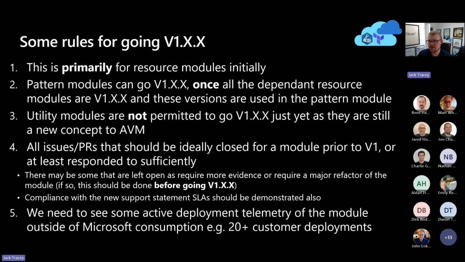We're very conscious that inside of Microsoft there's lots of people using these, but we want to see some external customer deployments via our telemetry. And we're roughly saying, if we see more than 20 unique deployments in different customers, then we're probably in a good place to say it's good to go, because there's been no issues raised, etc. So that's some really high level statements that we're saying about going V1.